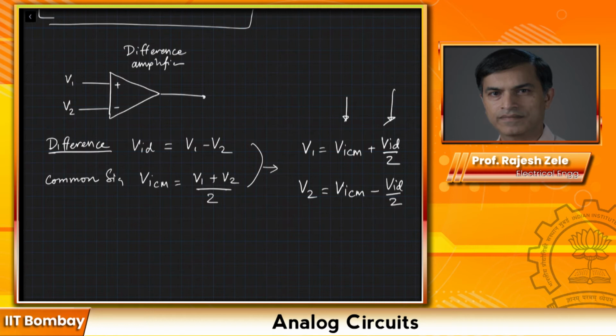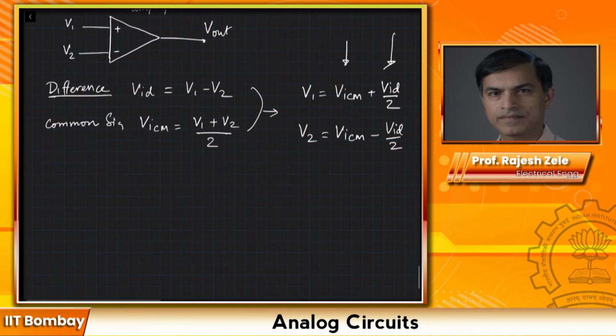And we know that this output voltage, Vout, will respond to both the common mode and differential mode. So in reality, Vout will be equal to AD times VID plus ACM times VICM.